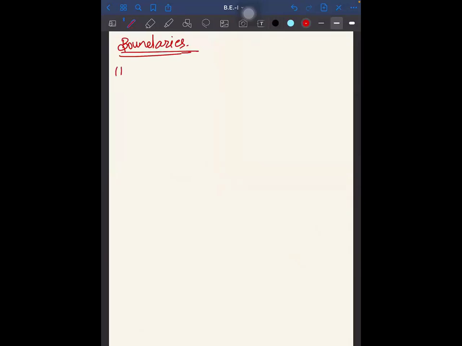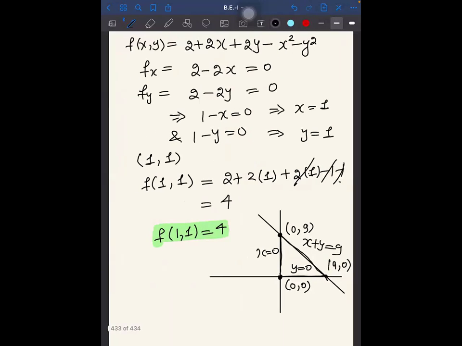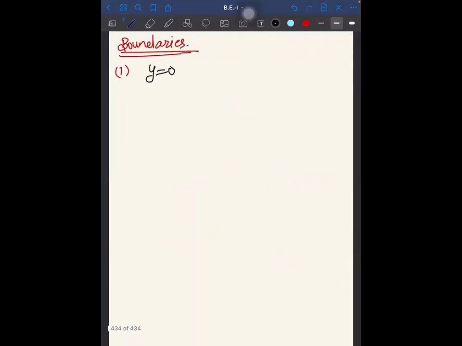Very first we have the boundary y is equal to 0. Let's call the vertices O, A and B. Boundary along OA. Is it fine? What will happen if I put y equal to 0? It will serve as a restriction to this function.